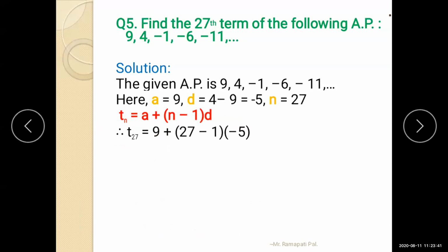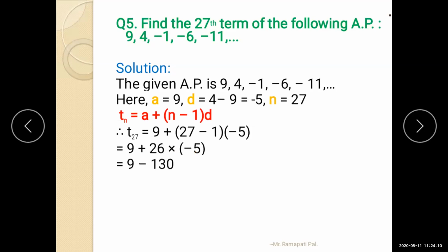So it becomes 9 plus (27 minus 1) into minus 5. Is it clear? Now 27 minus 1 is 26. So 26 into minus 5. So we will write it this way. T27 is equal to 9 plus 26 into minus 5.